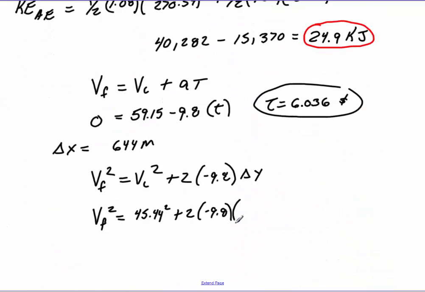We make that negative because we're going down. Run that number and we will get VF at impact. It's going to equal negative 74.59. Remember, when you do a square root, you have to consider plus or minus. So it's going down at negative 74.59 meters per second.